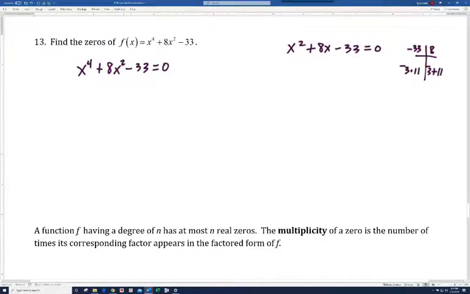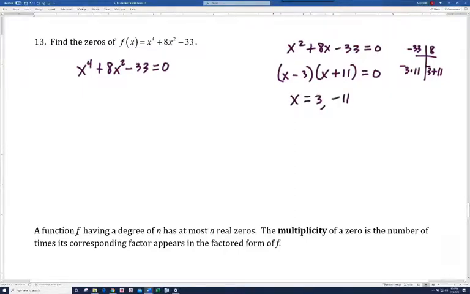And the numbers that work here are negative 3 and 11. Negative 3 times 11 is negative 33, and negative 3 plus 11 is 8. So when I factor this, I get x minus 3 times x plus 11 is equal to 0. And when we set those equal to 0, we get x equals 3 and negative 11.